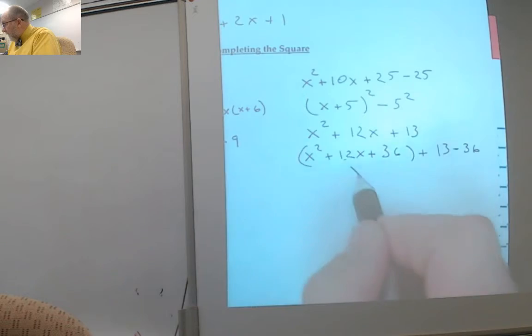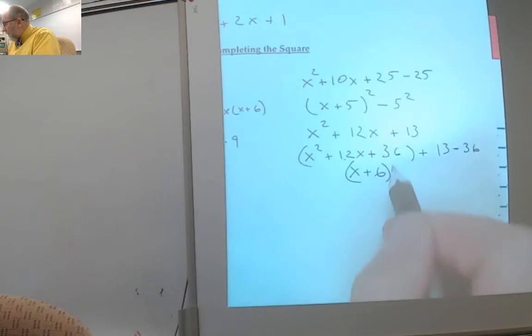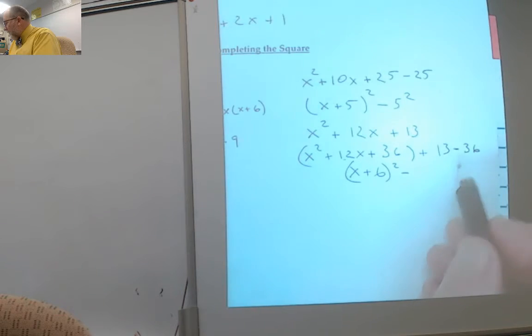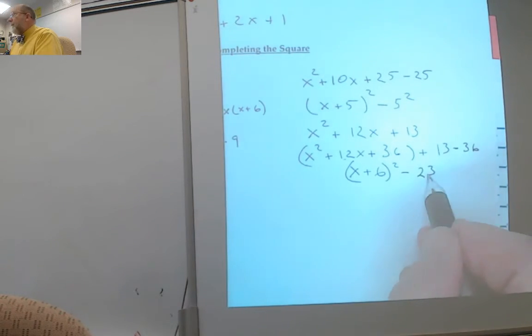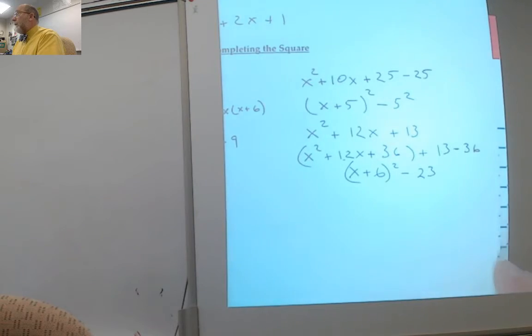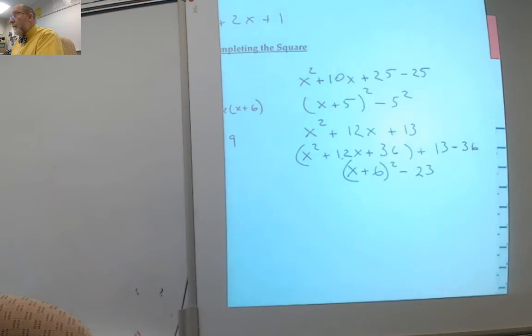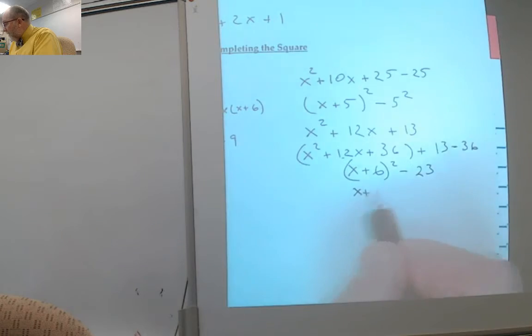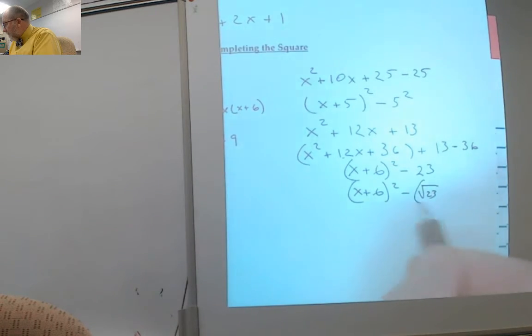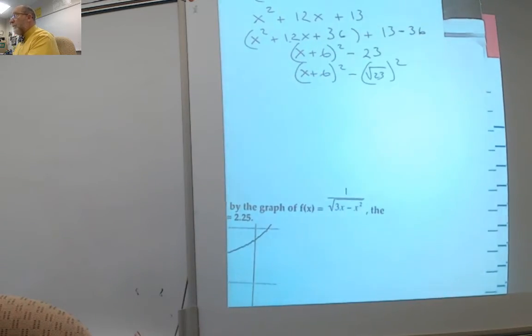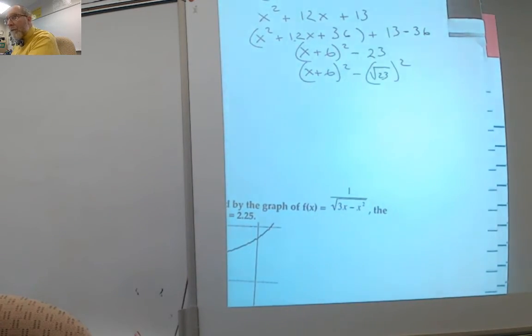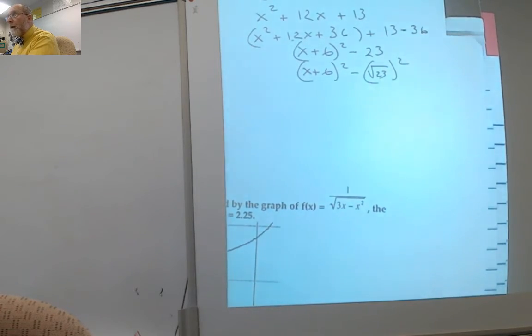And so I'd have x plus 6 squared minus, what, 23? Does that look right? And if I wanted to, I could do this. Is this not too bad?